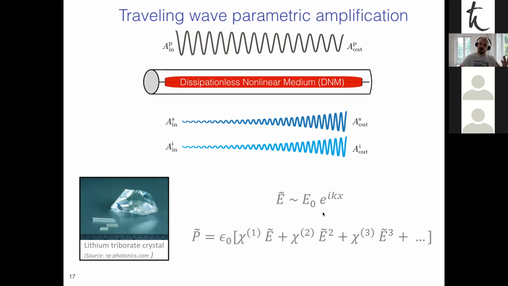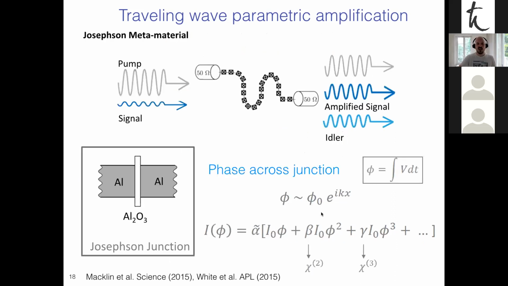In circuits, we can follow a somewhat similar approach, and we just replace the crystal, the real material, by a metamaterial, which is just, as I said, an array of Josephson junctions. And in a very similar way, we can pump this metamaterial and input a signal as well. At the output, we have a pump which has given some energy to signal and idler.